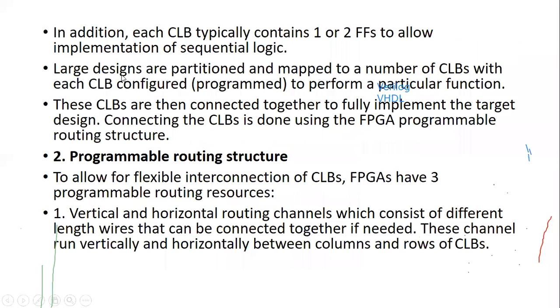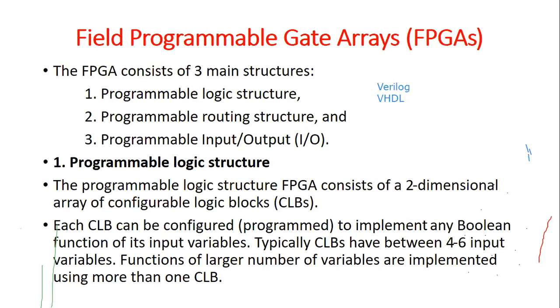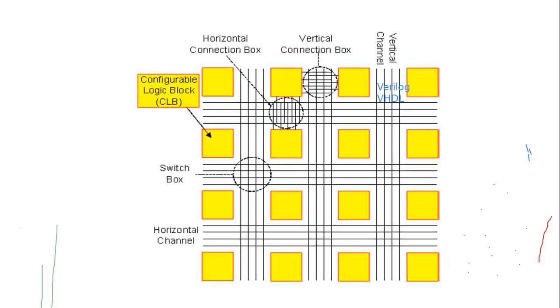What is meant by a CLB? Configurable logic blocks. Whatever program we have is internally connected to the CLBs, and the input outputs are connected by using the programmable input output.